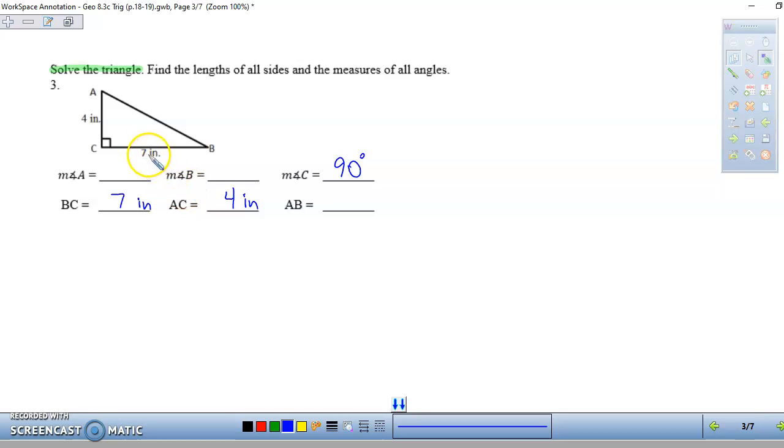Now, if you are given 2 sides, the first thing I would do is the Pythagorean theorem. In this case, obviously the hypotenuse is across from the right angle. So I'm going to have 4 squared plus 7 squared is equal to c squared. 16 plus 49 equals c squared.